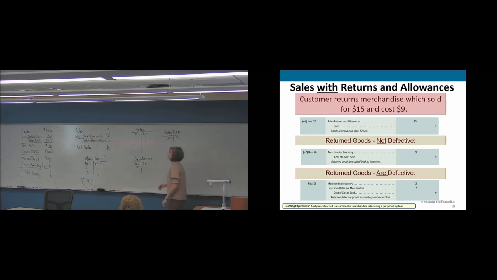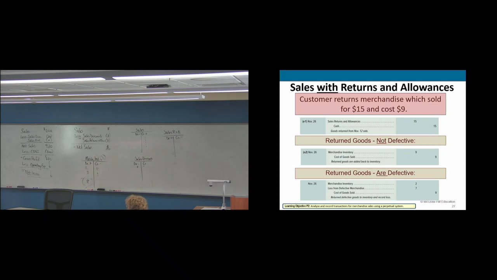This one, customer returns merchandise which sold for $15 and cost $9. Okay, so just like, if you look at the handout I gave you, this is the second group of transactions. Just like when you sold it, you had two entries, right? When you sell something, you have two entries. You all agree? One to record your revenue, one to record your expense.